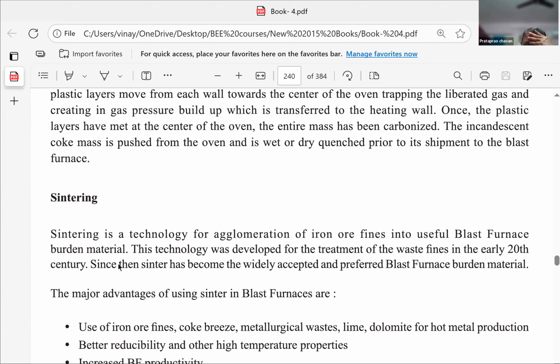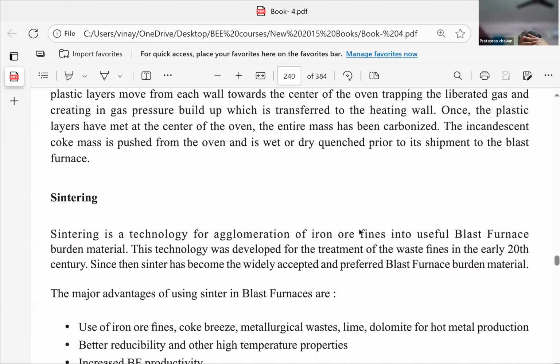In the crushing process itself, again some dust comes out. So what will you do about this dust? Because if you try to feed this dust as it is, it will simply blow away along with the air without burning. That will be a tremendous loss. So the entire dust is put through a process of sintering.